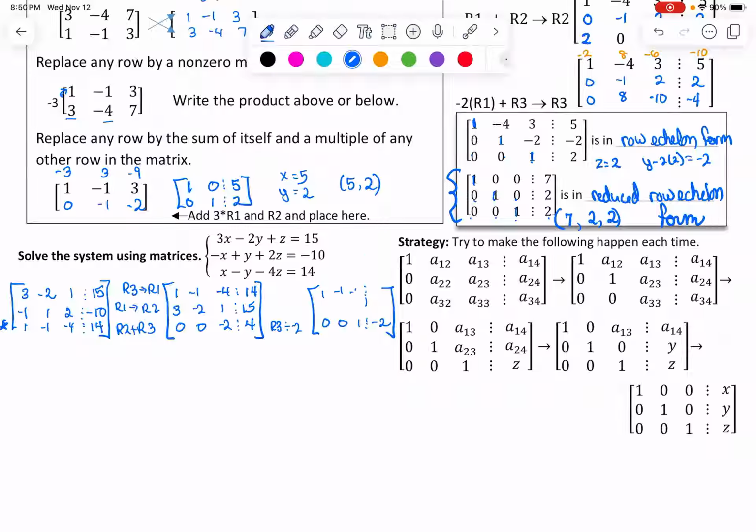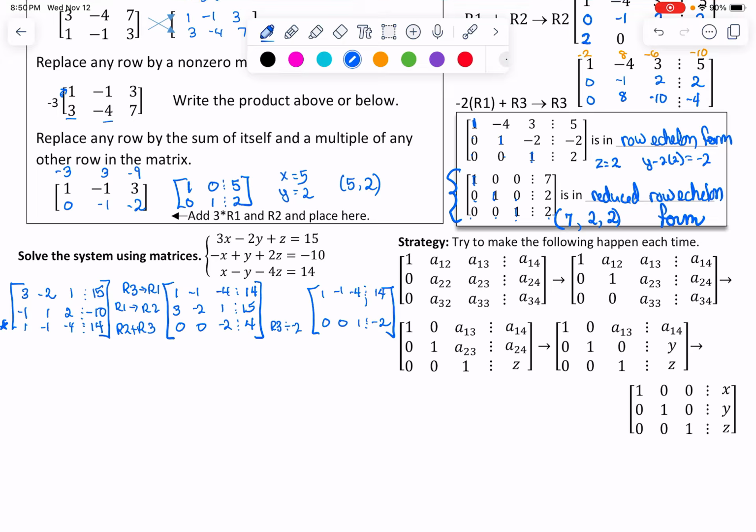Try not to do too many steps in one turn. But let's take a moment to figure out how we're going to eliminate this 3. So if we take our top row times -3 and add it to our second row, that's one of our legal elementary row operations.